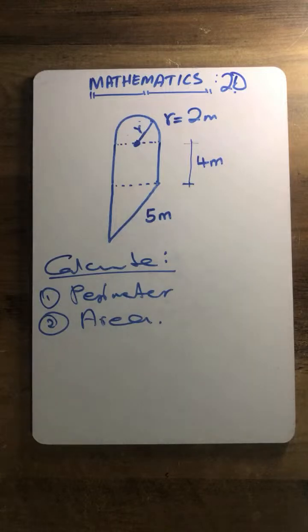Okay, comments noted. But what is the answer, honorable members? I want the perimeter and the area. What is the answer?